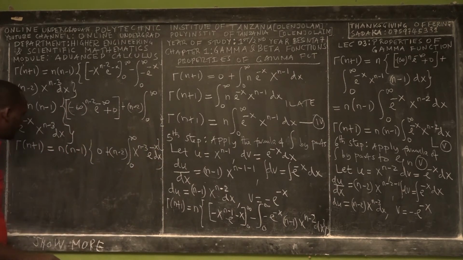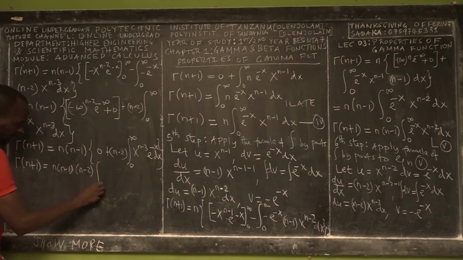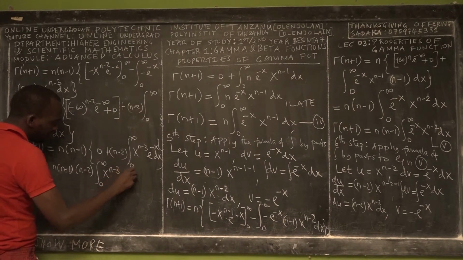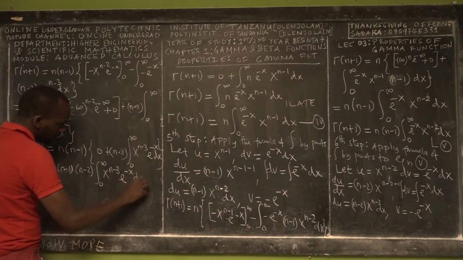So then we close the curly bracket. So ladies and gentlemen, here we have gamma of n plus 1 equal to n minus 1, then n minus 2, then integral from 0 to infinity of x power n minus 3, e power negative x, then dx.